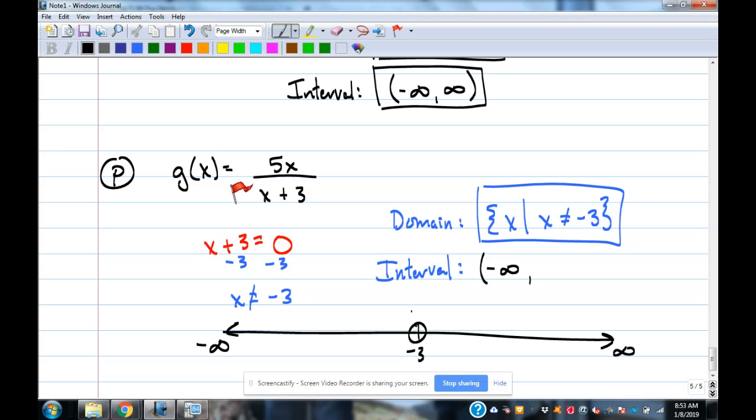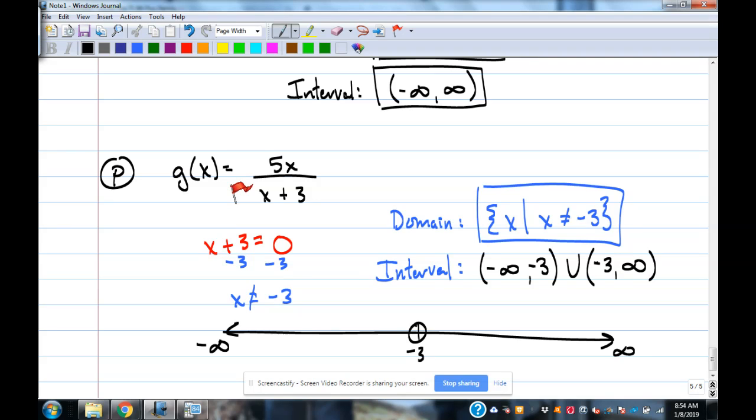The way you skip that with interval notation is you write a -3 and put a parentheses there, because that means you're not including the -3. But then we're picking up right after we jump over -3. We start again and go all the way to +infinity. So we put -3 and then go to +infinity.